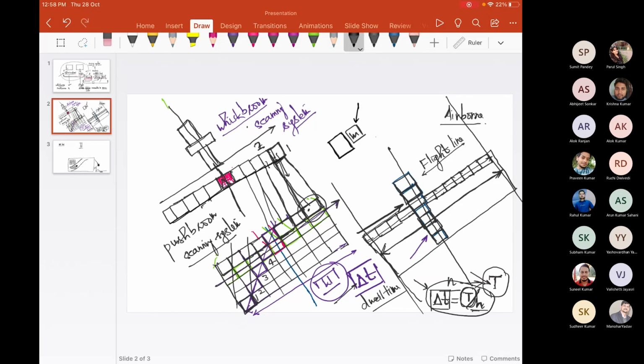Now the total time delta t that is taken by the sensing system to scan the GRCs across the flight line, nearly the same time delta t is taken by the CCDs in push broom scanning to sense the individual GRC.